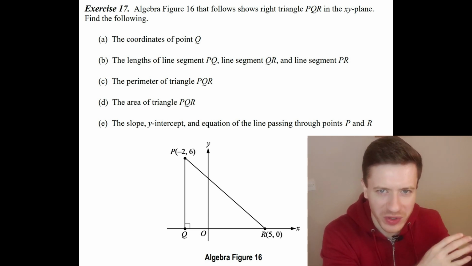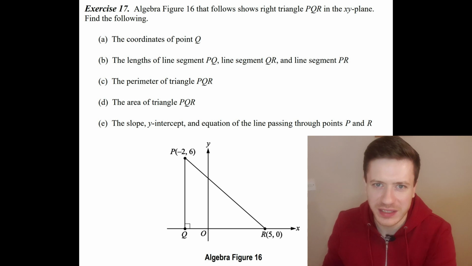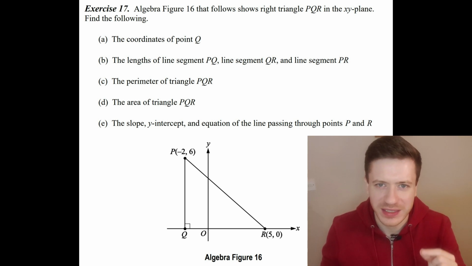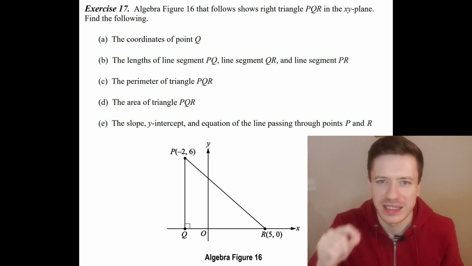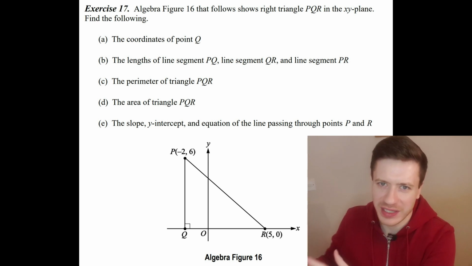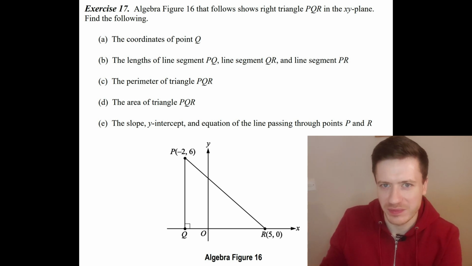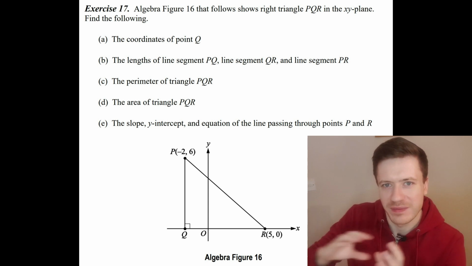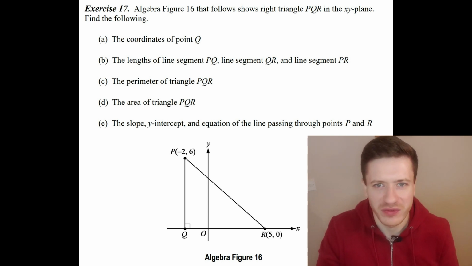To go from the coordinate on the left to the coordinate on the right, we have actually fallen by 6. So our rise is -6. What's our run to get from -2 all the way to 5? Our run, if we look at the x coordinates, is 7, because we've gone to the right by 7. So our rise over run is -6 over 7.